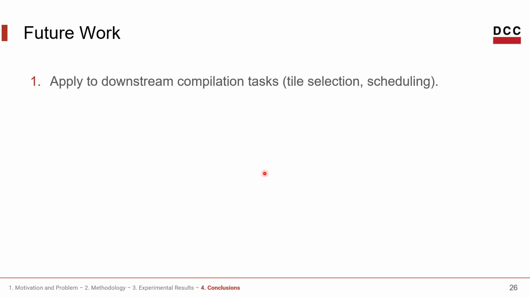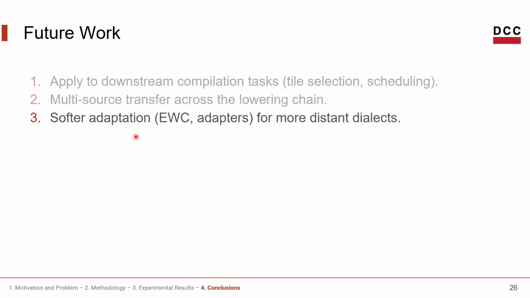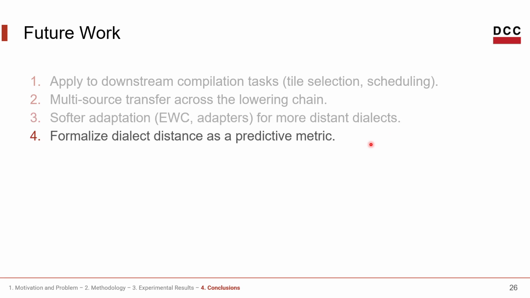So given that, some future work could be, the first one, to apply it to downstream compilation tasks like tile selection and scheduling, actually applying it to a compiler. Another one is multi-source transfer across the lowering chain, so not necessarily using just one source dialect, but multiple. Another one is soft adaptation like EWC or adapters for more distant dialects, instead of just freezing certain parts of the neural network.